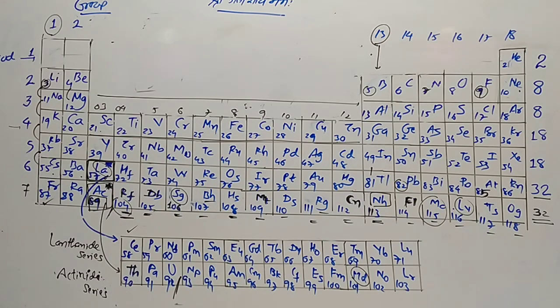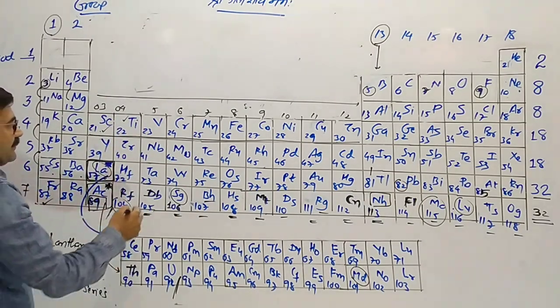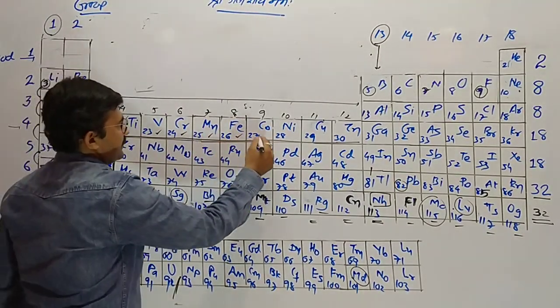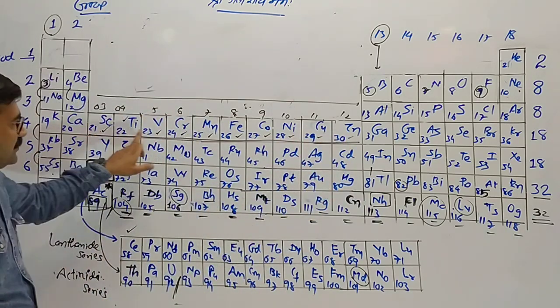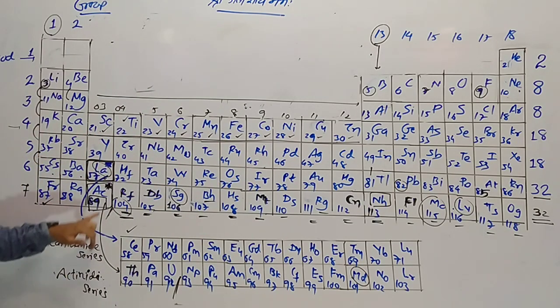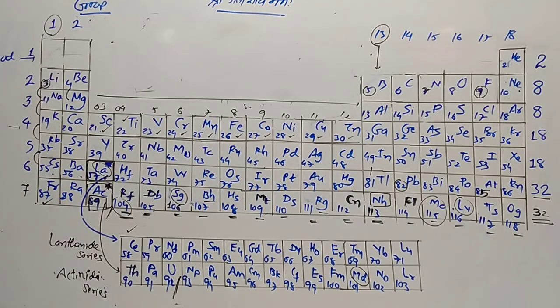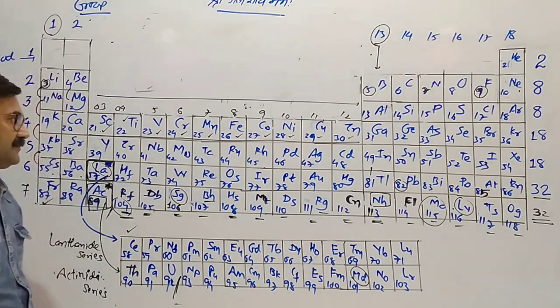Scandium, titanium, vanadium, chromium, manganese, iron, cobalt, nickel, copper and zinc. 21 to 30: scandium, atomic number 21, titanium 22, vanadium 23, chromium 24, manganese 25, iron 26, cobalt 27, nickel 28, copper 29 and zinc 30.